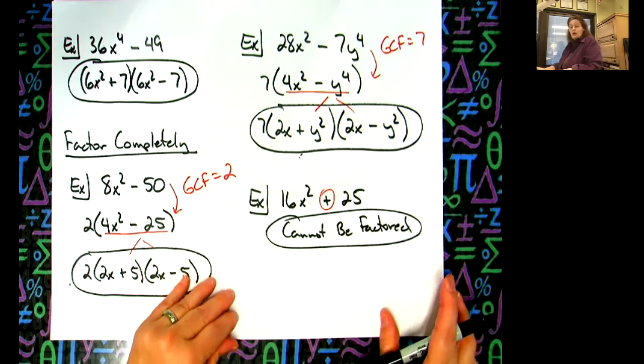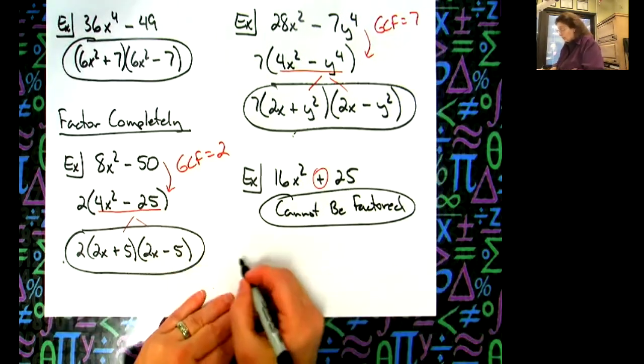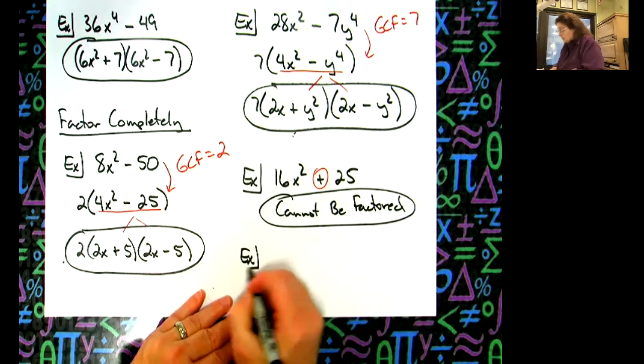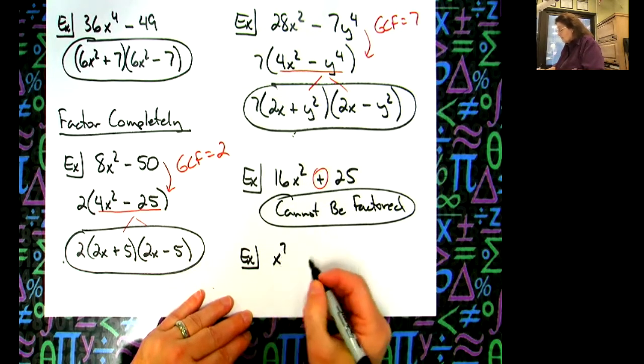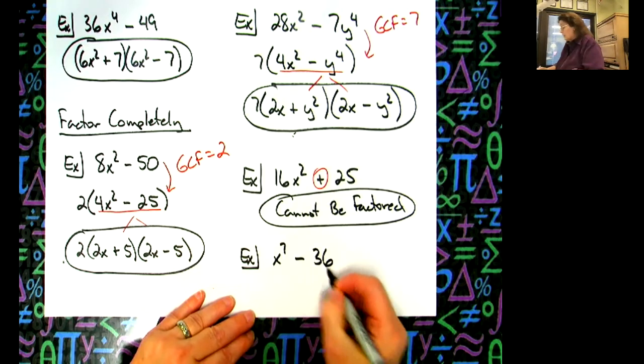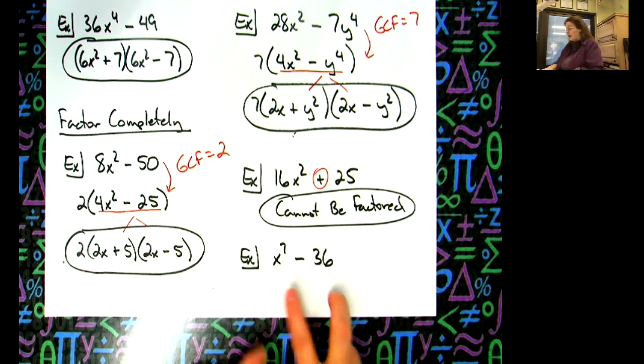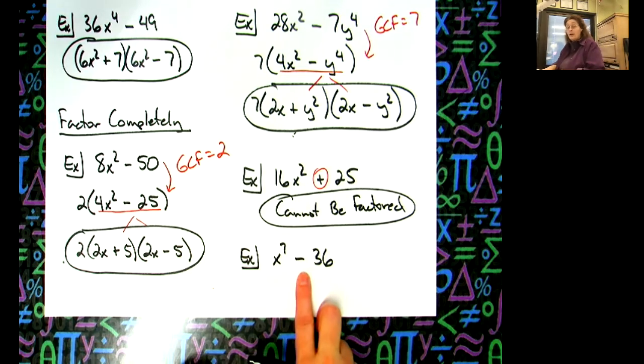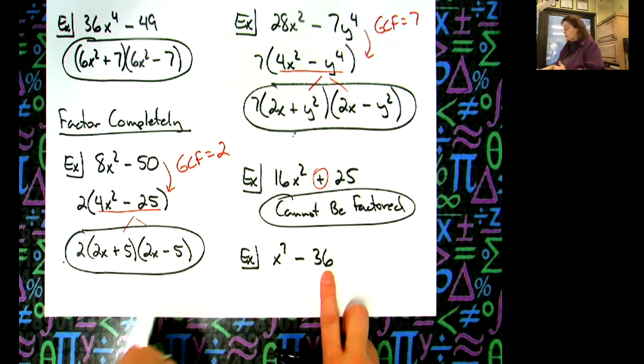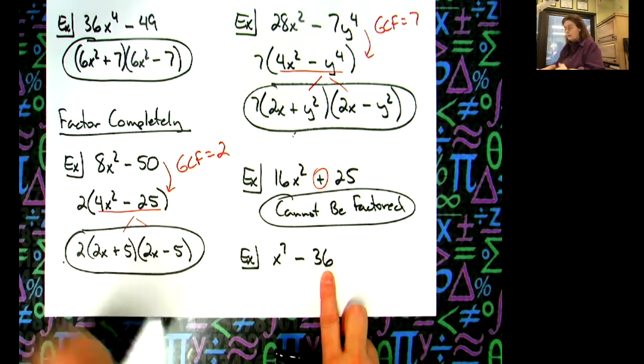Let's go ahead, I got room on another one here. Let's do an x to the 7th minus 36. Stop and think about what you got here. Do I have two terms? Yes. Do I have a minus sign? Yes. The square root of 36 is 6, I'm good there.